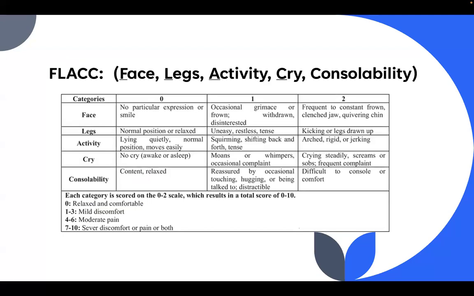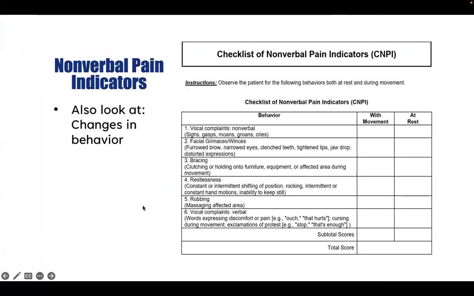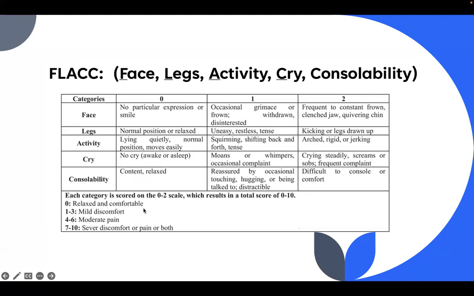This is another tool, face, legs, activity, cry, consolability. It looks at their facial expression, their legs, are they restless, tense, kicking? If they're able to, activity, are they squirming? Are they lying quietly, crying, and consolability? And again, it's a quick scale on the bottom. It gives you each category scored on the 0 to 2 scale, and a total score of 0 to 10.